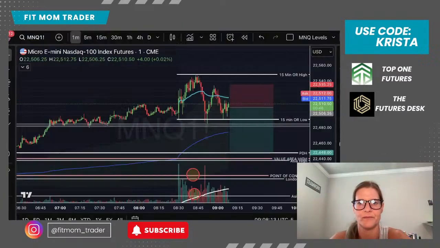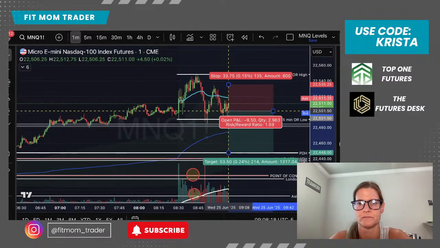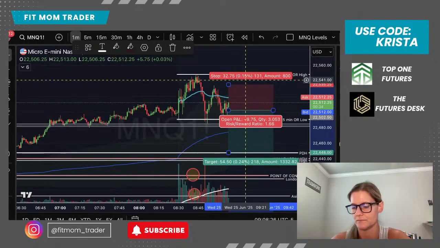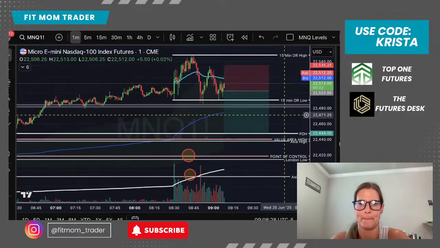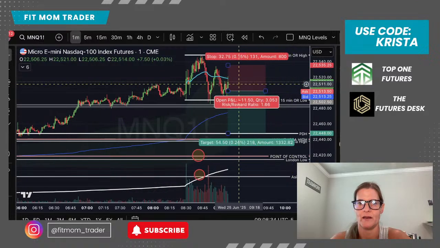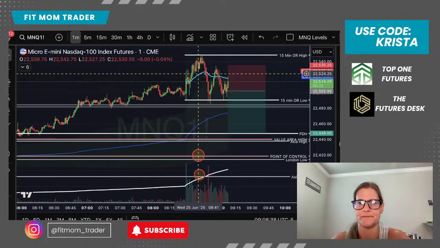502.5. So adjust this entry. Still holding below the New York anchored VWAP.